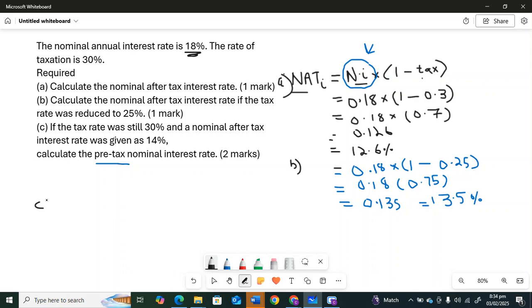Part C. So our formula originally is the nominal after-tax interest rate equals the nominal interest rate, which is our pre-tax, before tax interest rate, multiplied by 1 minus the tax rate.